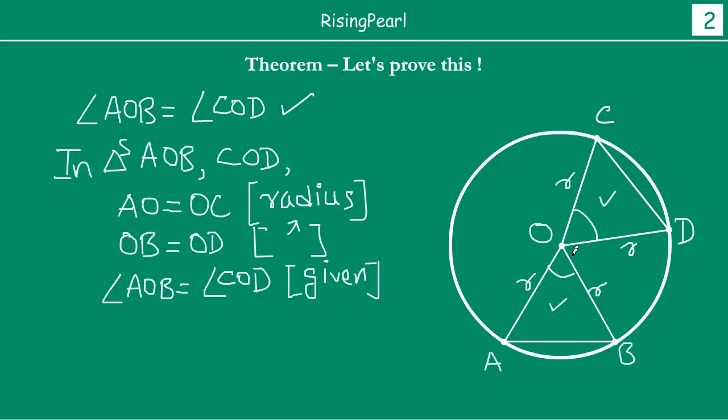So दोस्तों हम कह सकते हैं these two triangles are congruent, that is triangle AOB is congruent to triangle COD as per SAS congruence rule. That is दोस्तों side angle side.